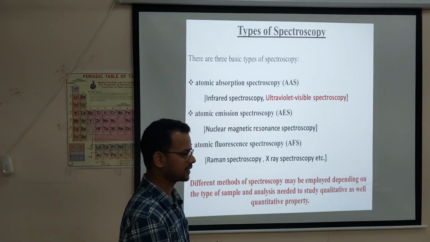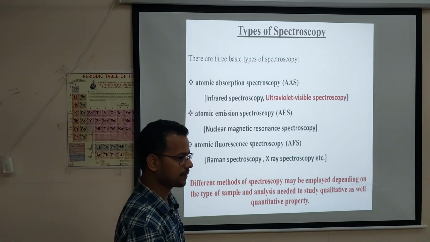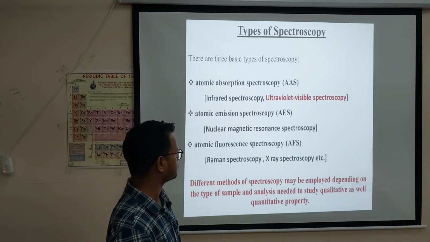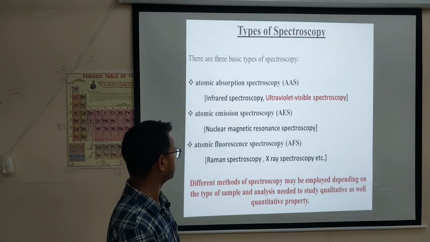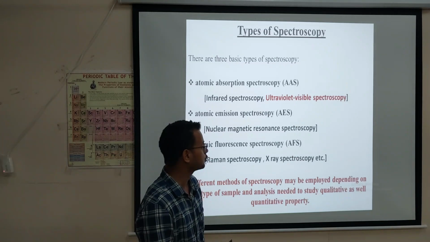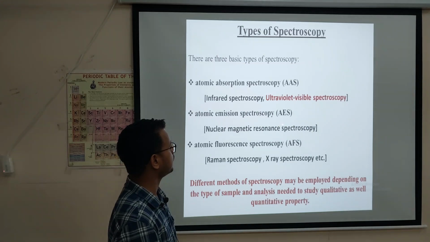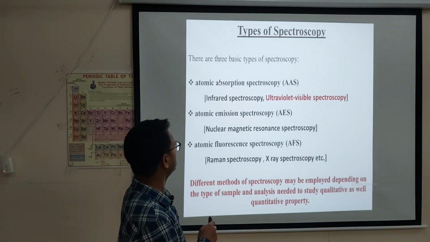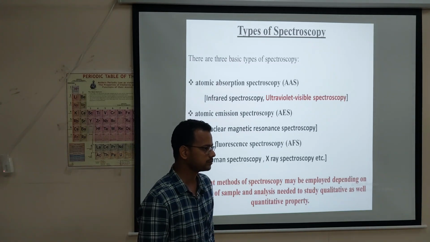This is an analysis technique of the sample, not an experiment. And Raman spectroscopy and X-ray spectroscopy are examples of fluorescence spectroscopy, okay. Today we will discuss ultraviolet visible UV visible DRS, which is an example of absorption spectroscopy, okay.